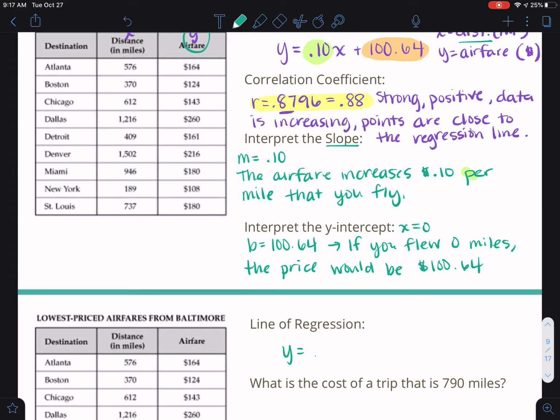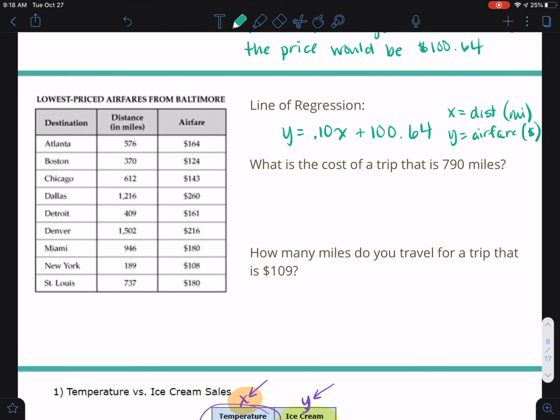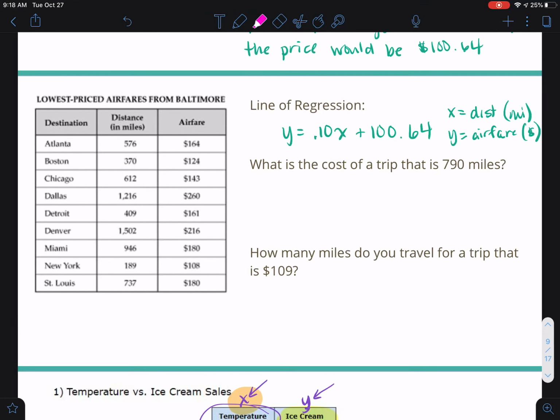I'm going to copy this just so I still have it when I go to the next slide. Okay, we know that x was distance in miles, and I know that y is airfare in dollars. Now we're going to use our line of regression to make some predictions. If I want to predict the cost of a trip that's 790 miles, I go up to my variables.